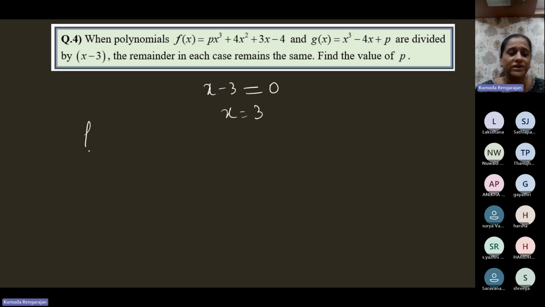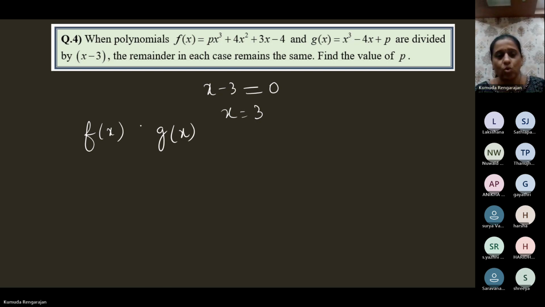Now we have two dividends, f of x and g of x. To find the remainder when f of x is divided by x minus 3, we have to find f of 3. This is the divisor, so x is 3. So when you find f of 3, you will be able to find the remainder when f of x is divided by x minus 3.